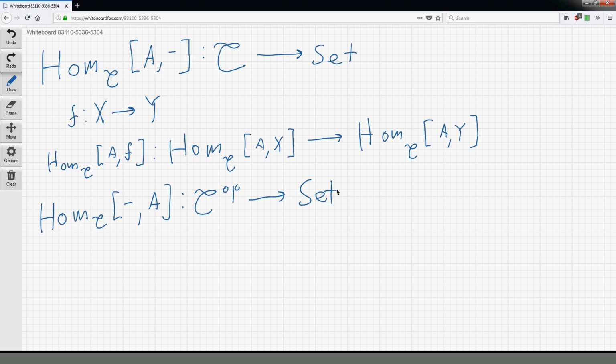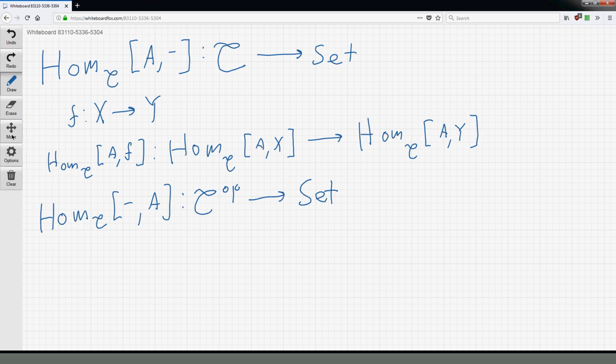Makes sense, I think. We're going to be looking a lot more closely at these next time when we discuss the Yoneda lemma. But for now, this is just an example of functors between categories that may not be the same category, right?